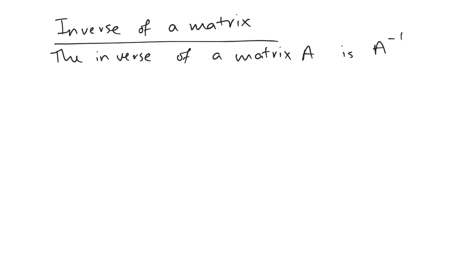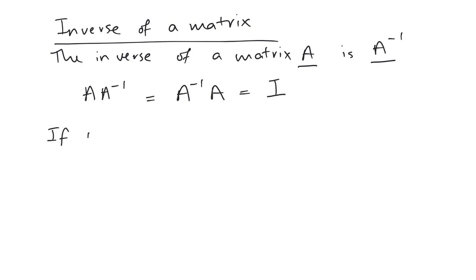And if we multiply A and A to the minus 1 together, we get the identity matrix or the unit matrix. And we can do it either way. So A times A to the minus 1 is going to be the same as A to the minus 1, the inverse, times A. And that gives you the identity.